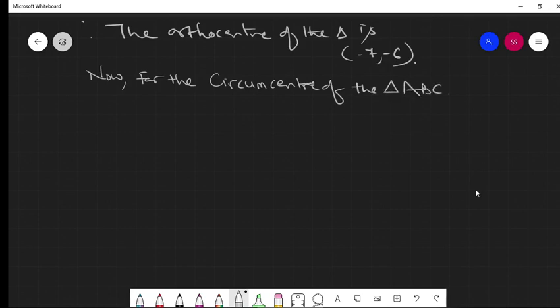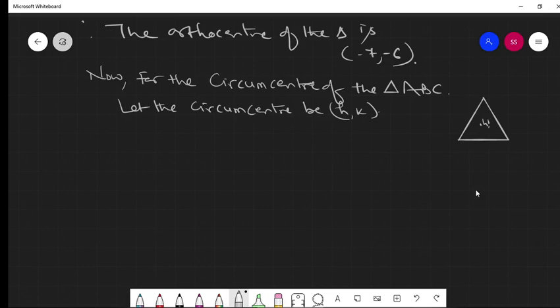I have shown earlier that the circumcenter is supposed to be H, K. Let the circumcenter be H, K.